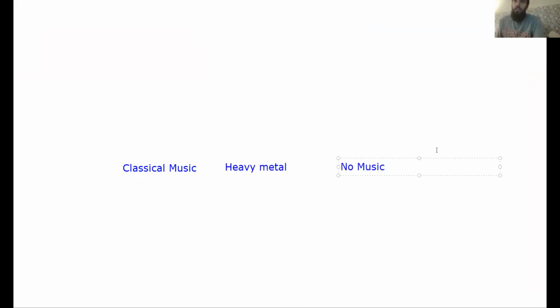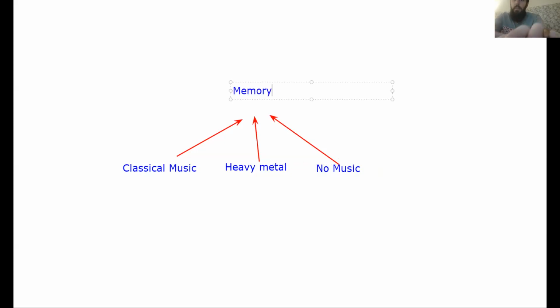These are the three conditions of our independent variable, what people listen to. In each condition, after they listen to some stuff, we'll give them a memory task. So people will study while they listen to classical, study while they listen to heavy metal, or study while they don't listen to music. And then we'll give them a memory task for what they studied.